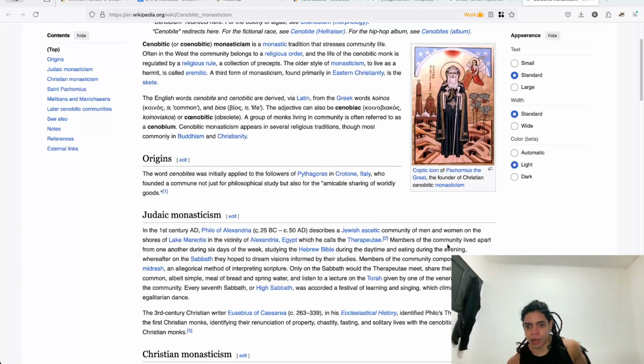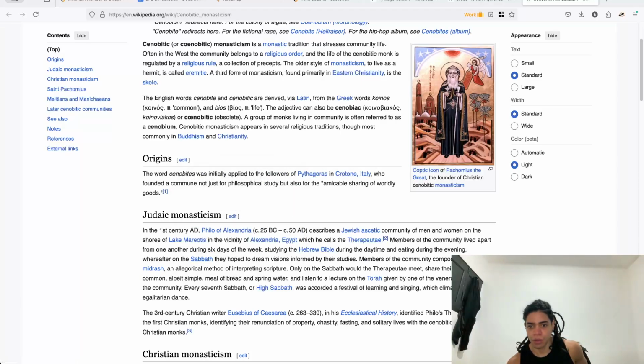Members of the community live apart from one another during 6 days of the week, studying the Hebrew Bible during the daytime and eating during the evening. Whereafter on the Sabbath they hope for dream visions informed by their study.